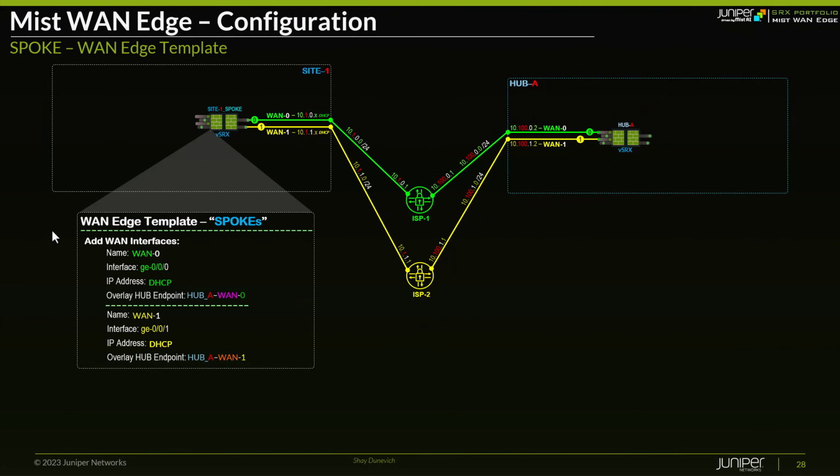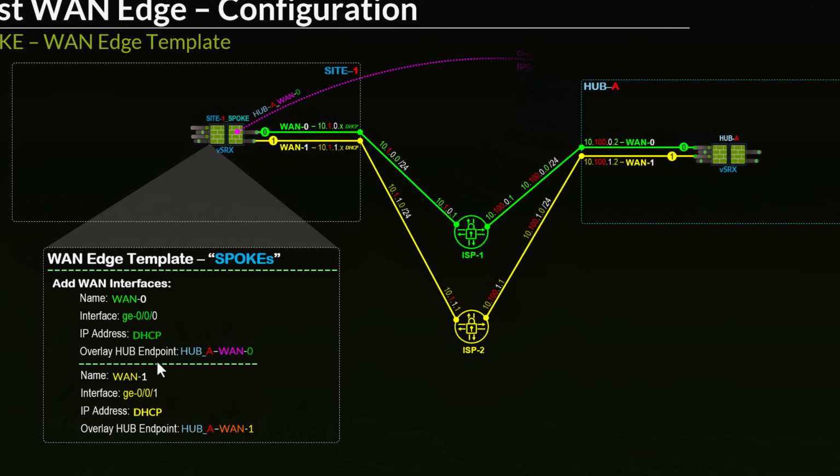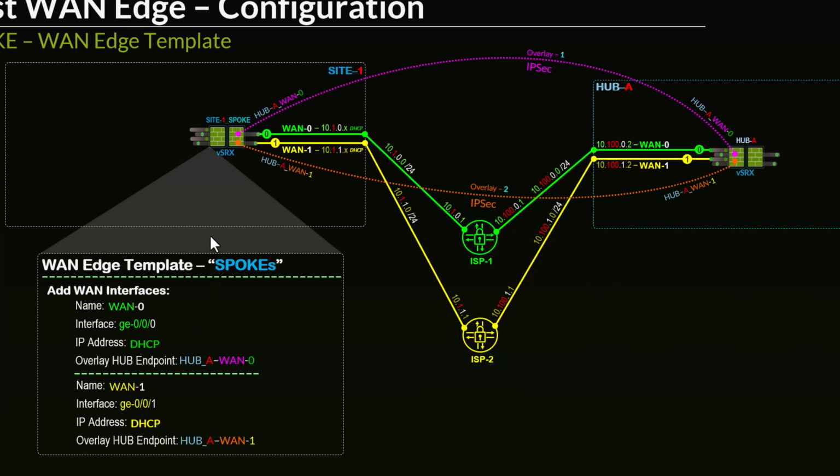And again, for the hub spoke profile, we'll associate an overlay endpoint, which essentially will allow Mist to create overlay IPsec tunnels from WAN 0 to WAN 1 on the hub. So as you can see here in the picture, we have two IPsec overlay tunnels.